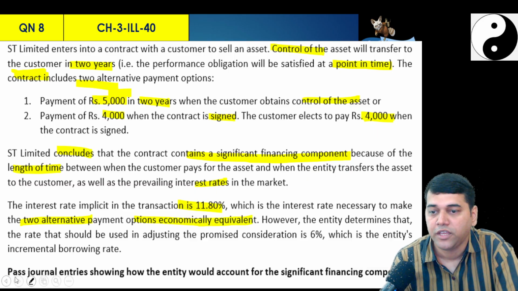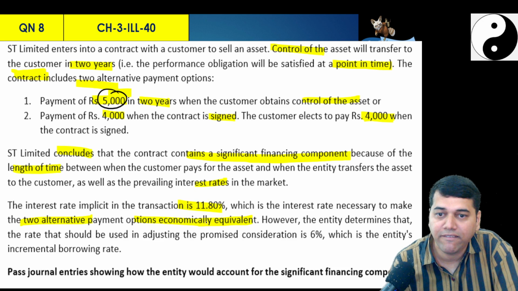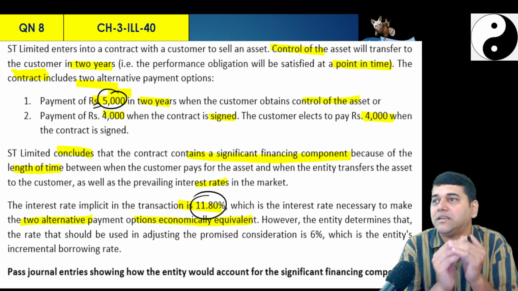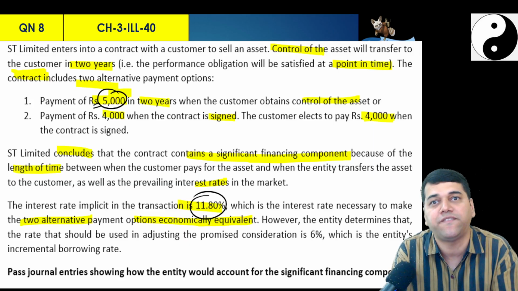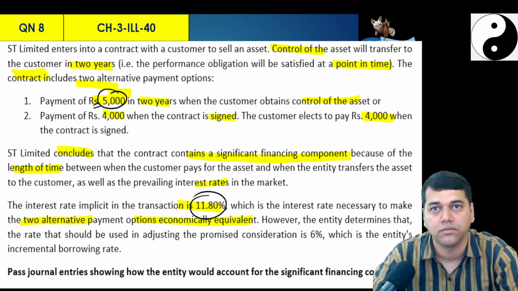That means the present value of 5,000 at 11.8% for the next 2 years will be equal to 4,000. It is the implicit rate where it doesn't make any difference to anyone whether you pay right now or after 2 years.